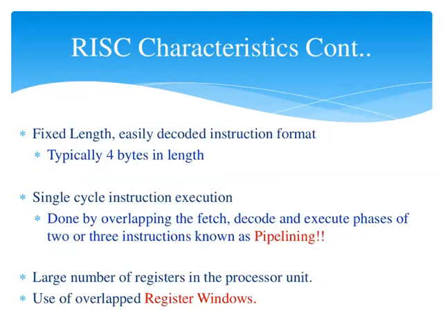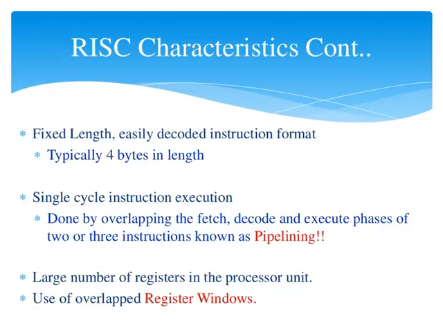Single cycle instruction execution is done by overlapping the fetch, decode and execution phases, by the concept of pipelining, which will come in the next units. For improving performance with pipelining, we will do the overlapping. So in RISC we will do overlapping of instructions. And a large number of registers in the processor unit, with use of overlapped register windows.